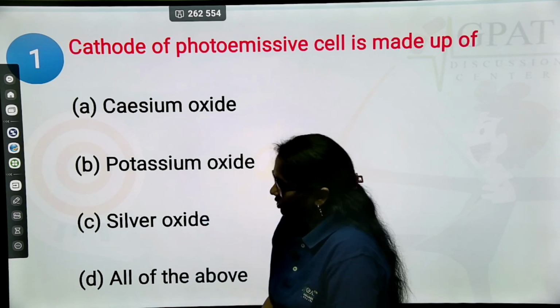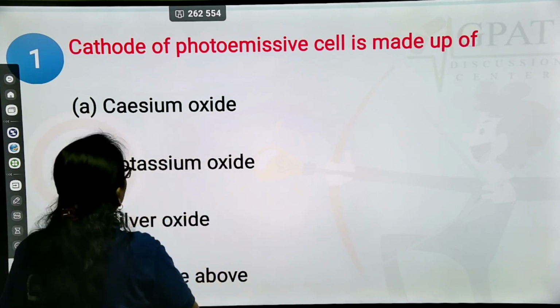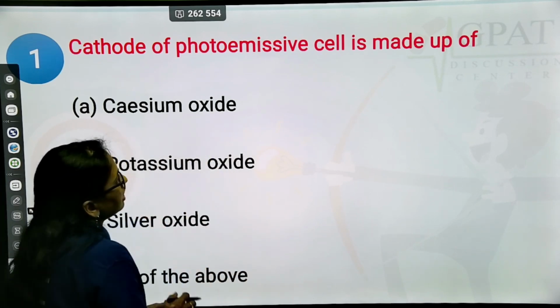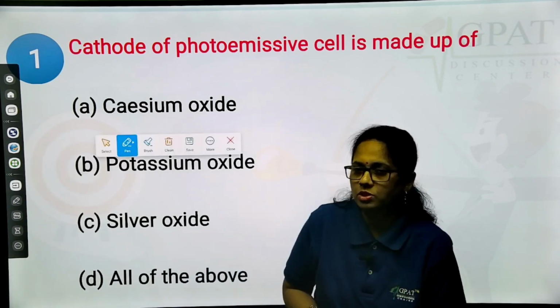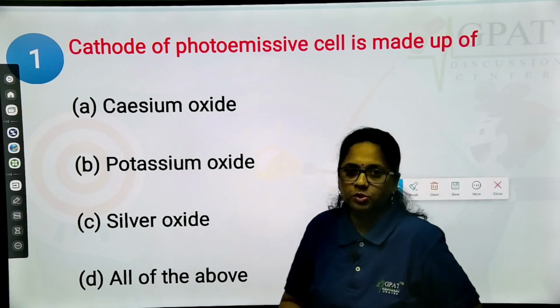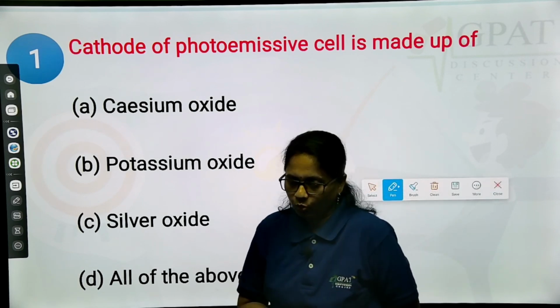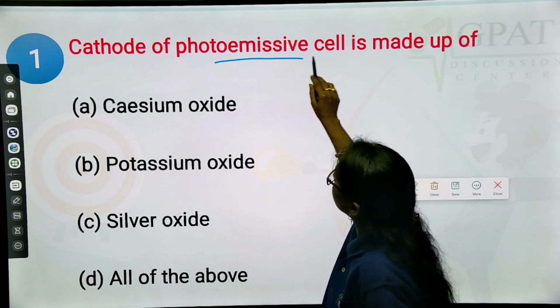First question: the cathode of photoemissive cells is made up of what? The detectors we use in the UV spectrophotometer are photoemissive cells, phototubes, photomultipliers, photodiodes.